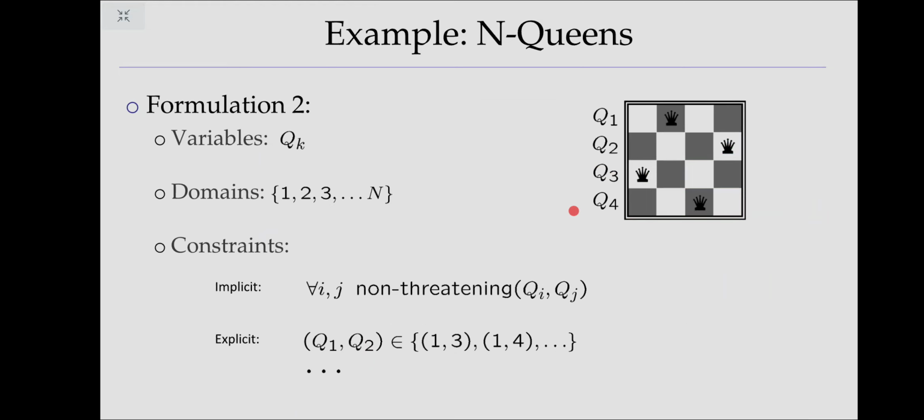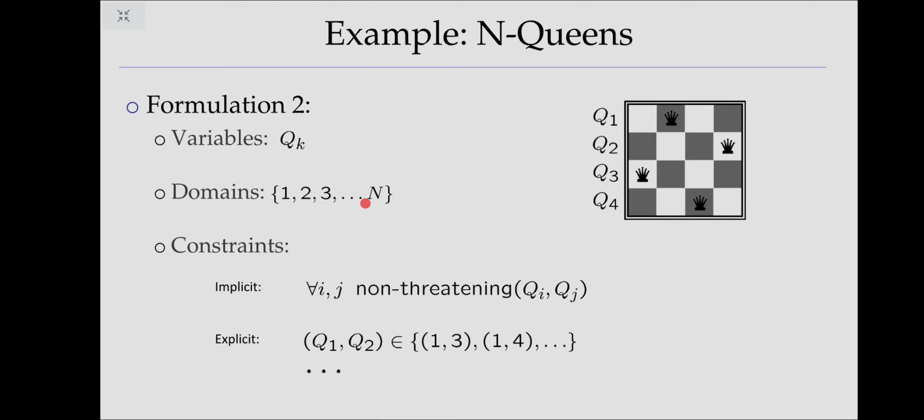Now, I propose an integer variable. This integer variable can accept 1, 2, 3 until n as the values. Because of that, the domain is integer numbers from 1 to n.